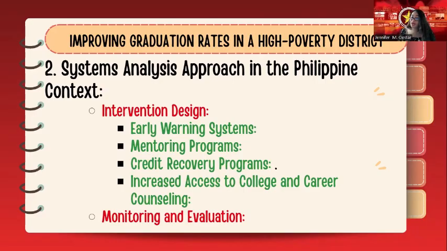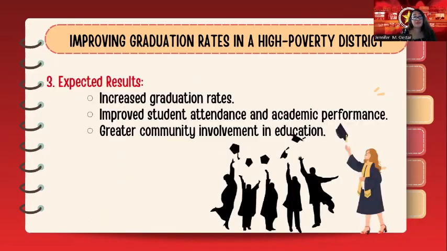After the intervention design, we could devise the monitoring and evaluation by regularly tracking the impact of interventions through the BEIS, or the Basic Education Information System, and making necessary adjustments based on the data. And expected results could be increased graduation rates, improved student attendance and academic performance, and greater community involvement in education.